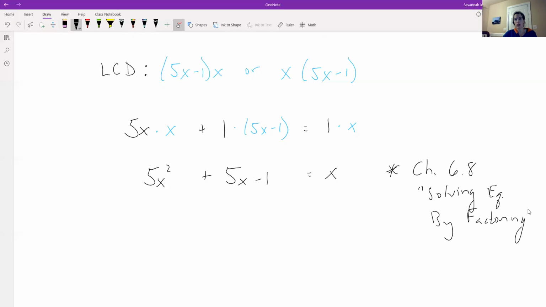So that was where we had to create a 0 on the right, move everything else over to the left, and factor it. So what we're going to get is 5x squared plus, looks like eventually a 4x minus 1 equals 0. So this is right out of 6.8.